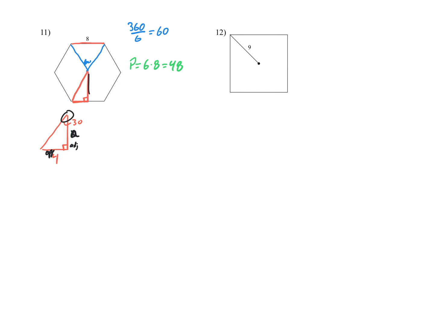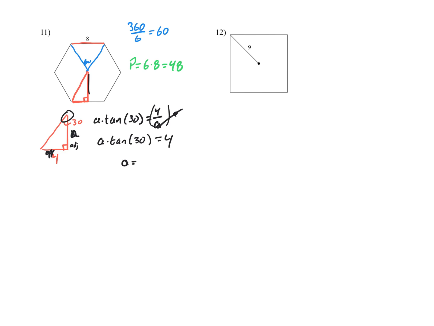So same thing, tangent. I'm going to say tangent of 30 degrees is equal to the opposite over the apothem, or the adjacent side. Now notice now my variable's on the bottom, so I have to multiply both sides by a. Those reduce, multiply by a, so I end up with a times tangent of 30 is equal to 4.